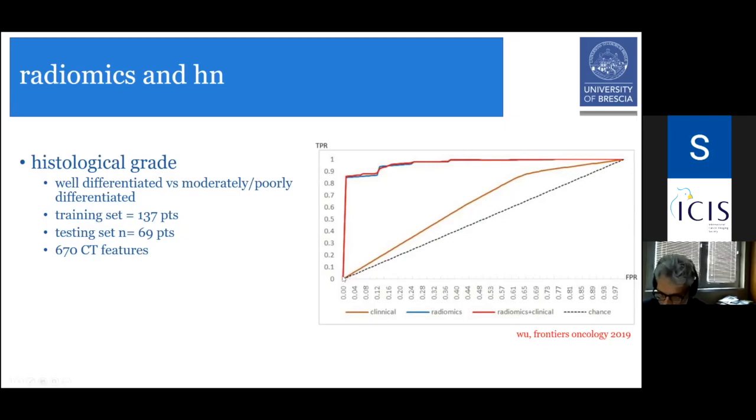And as you see very well, the model obtained by Radiomics works much better than the clinical model in this discrimination. And if you mix clinical and Radiomics data, the two together work even better than the Radiomics signature alone.